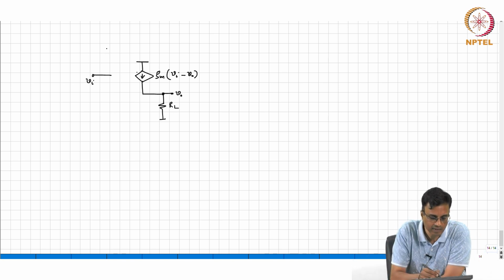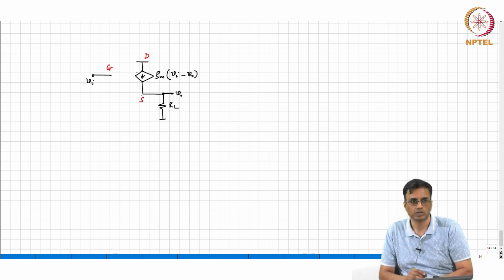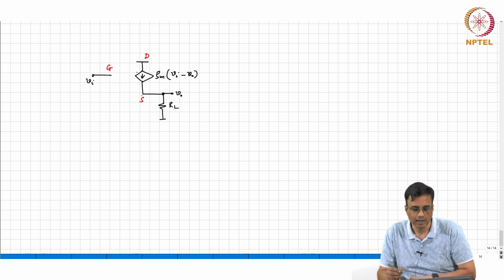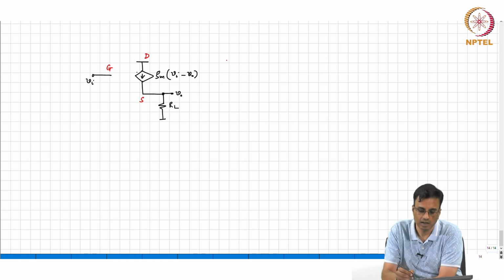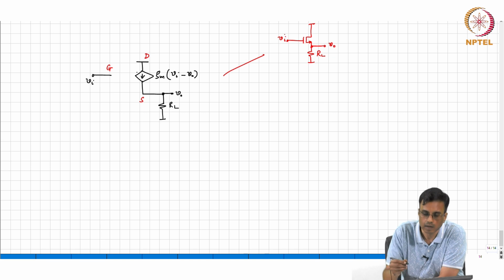And what did we then say? That we identified this as the gate, this is the drain, this is the source, correct? And then we said that one way of realizing it was what we did earlier. This is the incremental circuit, we identified the transistor, this is RL, this is VO, this is VI.